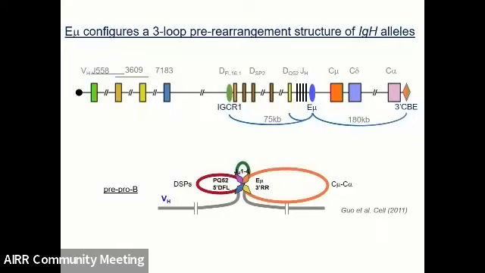First of all, we have this small, or intermediate, loop of about 70 kilobases. This encompasses all the diversity gene segments and excludes all the variable gene segments, which lie in the genome way away from here. And the first V gene segment is about 100 kilobases away from the base of that loop.